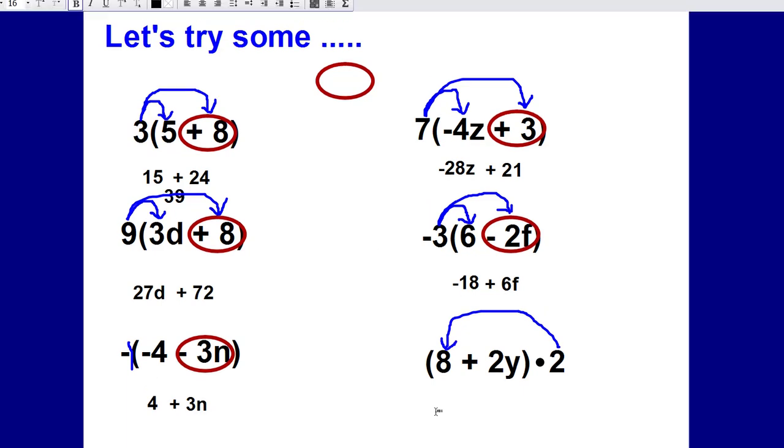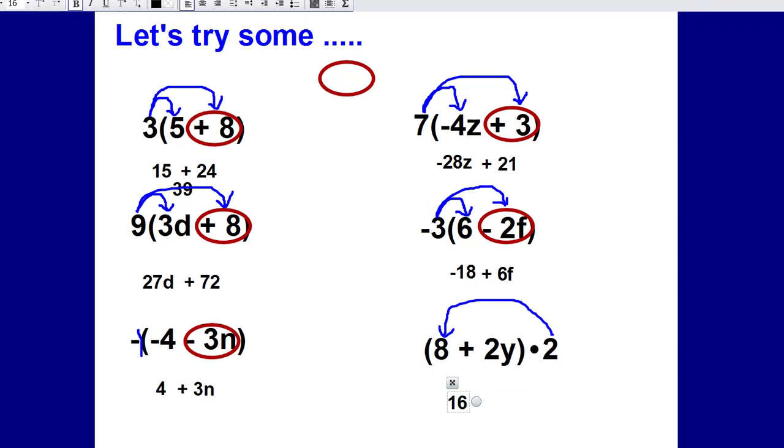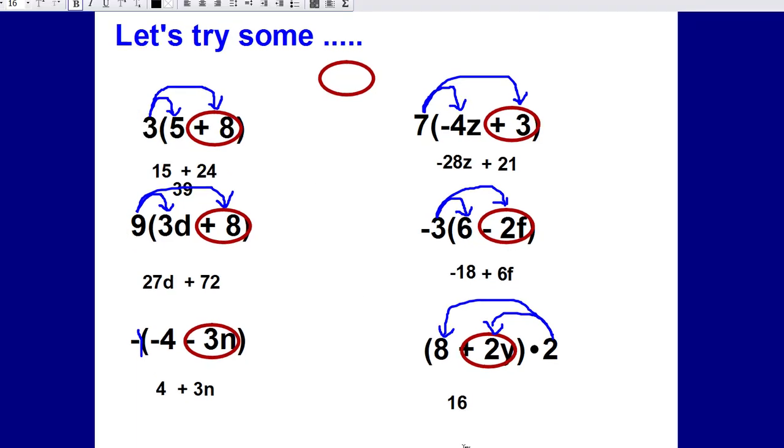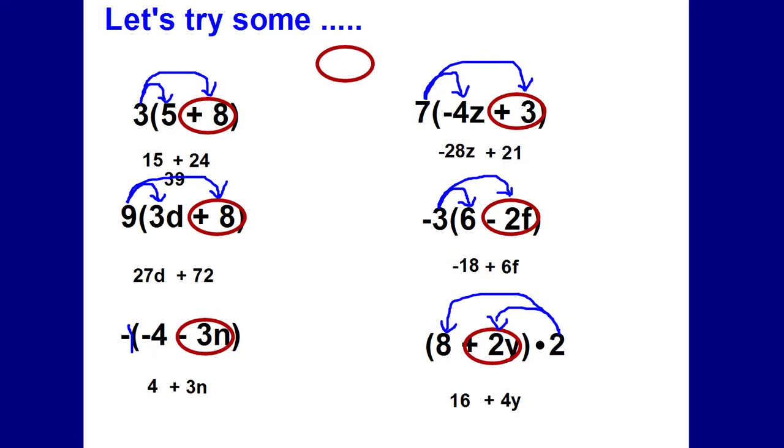So 2 times 8 is 16. I'm still going to circle my second term, which is going to show me that it is a +2y. So I distribute the 2 with this +2. I multiply it with the coefficient, and it's going to give me a +4y. Simplified expression is 16 plus 4y.